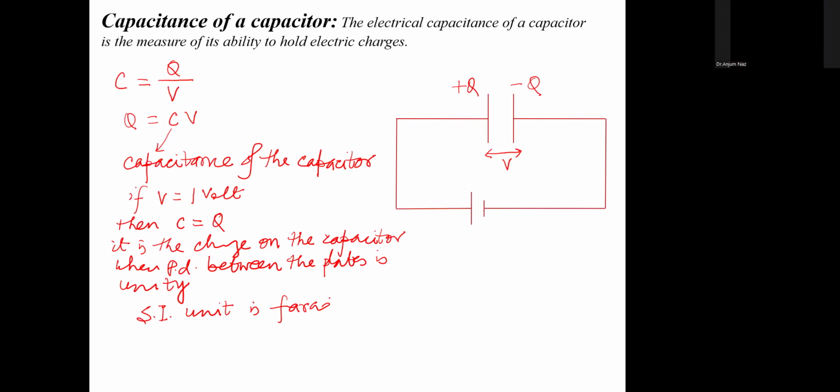Farad is the SI unit of capacitance, denoted by the symbol F in honor of the scientist Faraday.